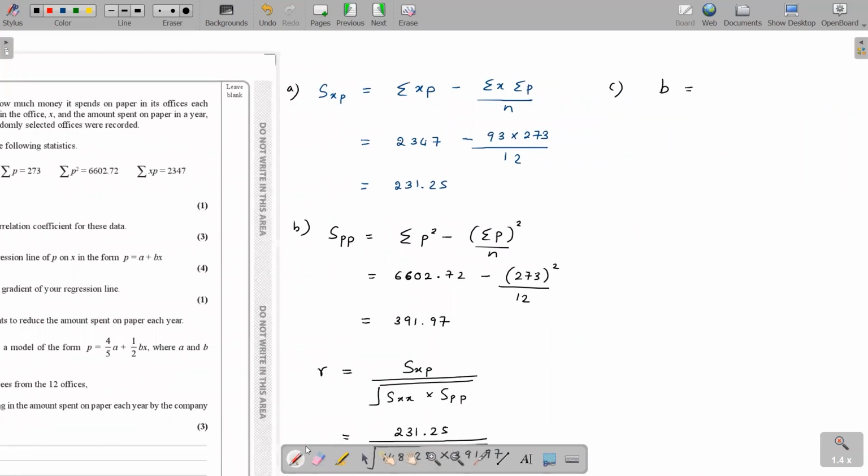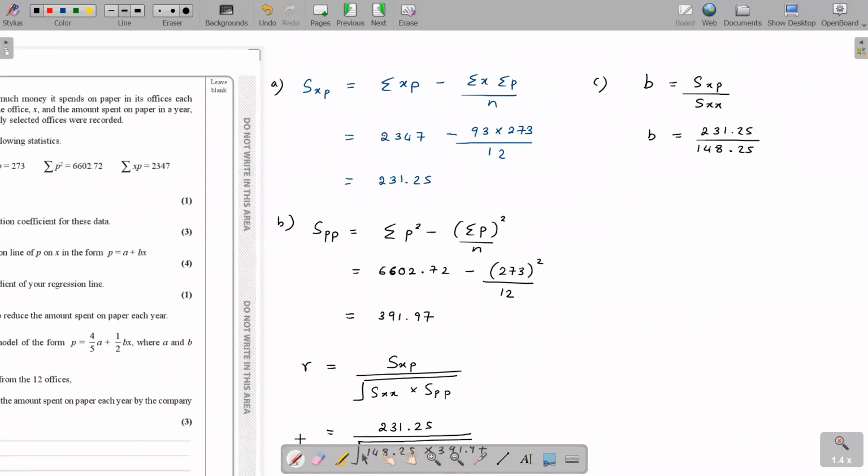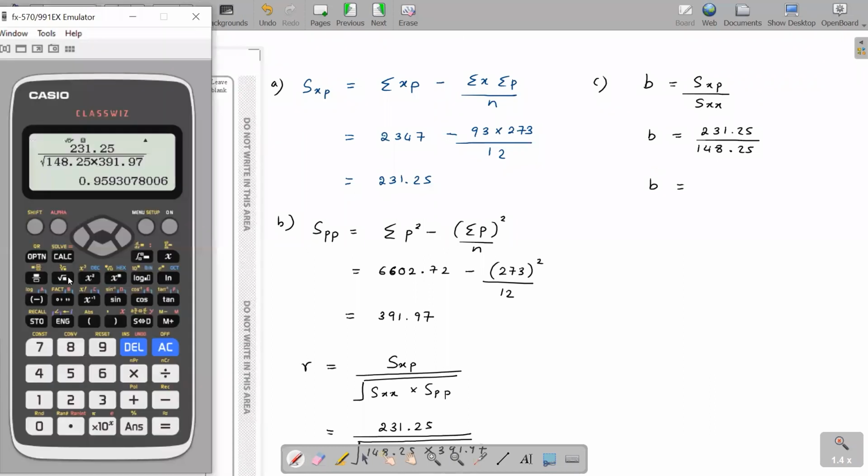Okay, so then B equals SXP over SXX. First thing is you must be able to write the equation correctly. So SXP is found, 231.25, over SXX, which was given, 148.25, isn't it? Okay, then let's get a value. 231.25 divided by 148.25.